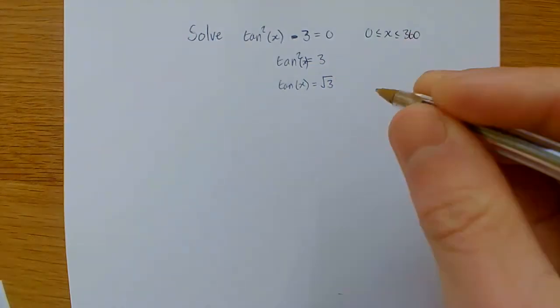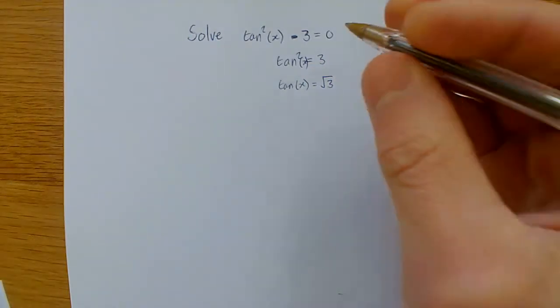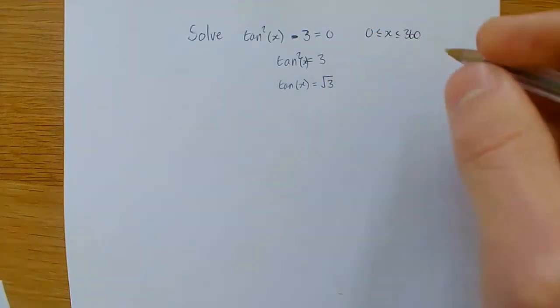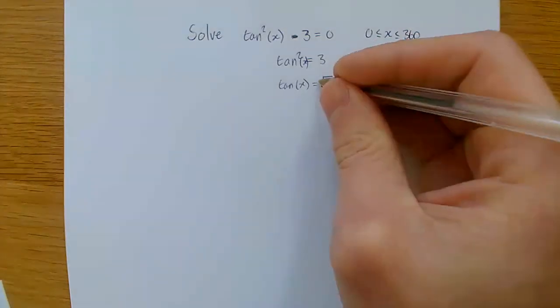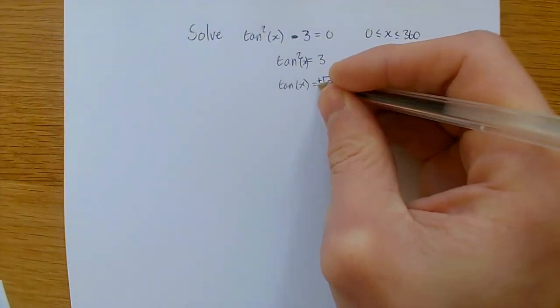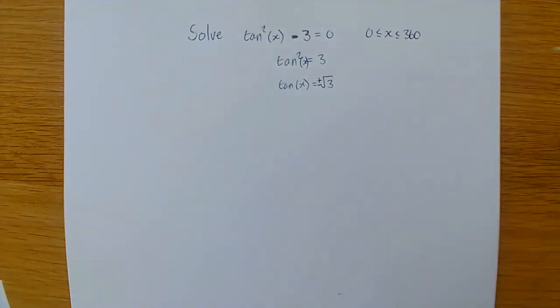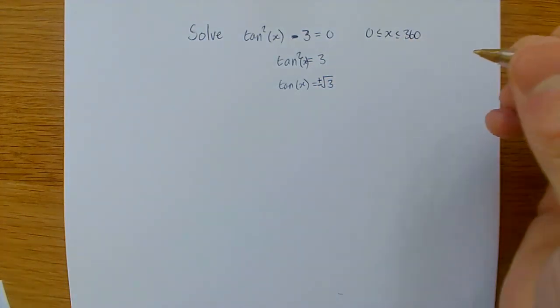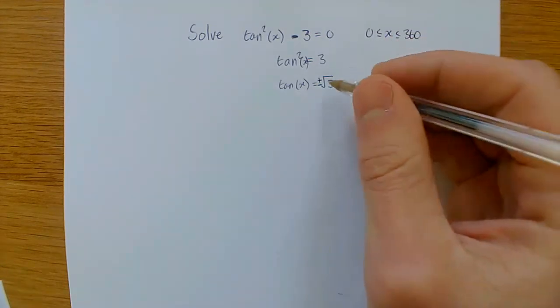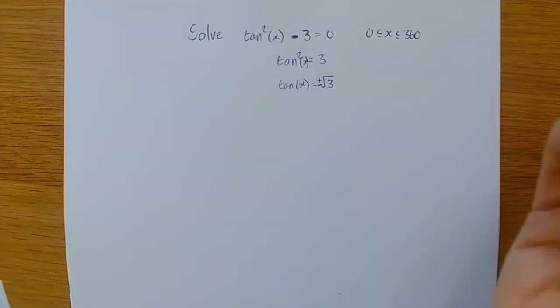Now that is all looking very nice and very straightforward, but there's a hidden detail here that we haven't thought about. And hopefully you've picked this up from one of the starter questions. It could be plus root 3 or it could be minus root 3. Now that detail is super important, really easily forgotten, really easily missed, but it's going to increase the number of solutions that we've got.